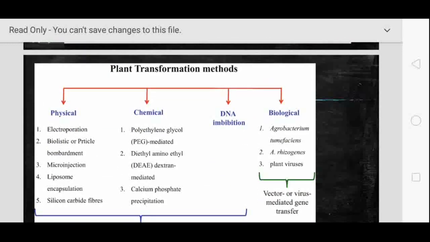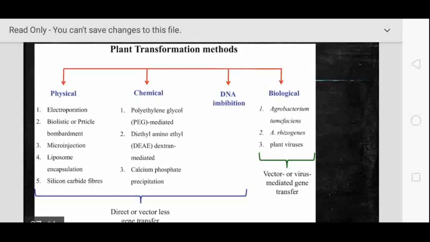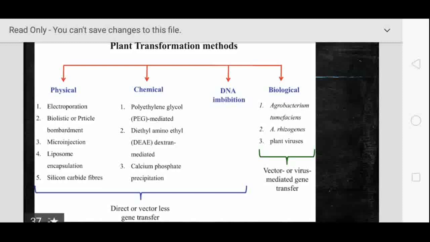Physical transformation, chemical and DNA bombardment or DNA imbibition, and biological: Agrobacterium tumefaciens, Agrobacterium rhizogenes and plant virus. Out of these, physical, chemical and DNA methods are direct or vectorless; here the gene is directly transferred into the host organism. Whereas the last one, biological, uses agents, vectors or carriers for delivering the gene of interest.